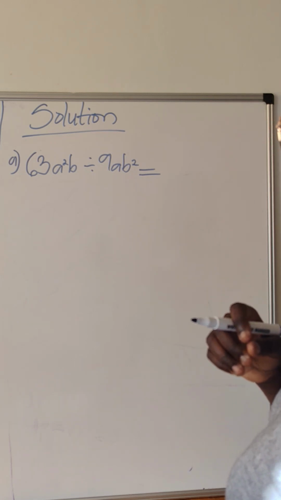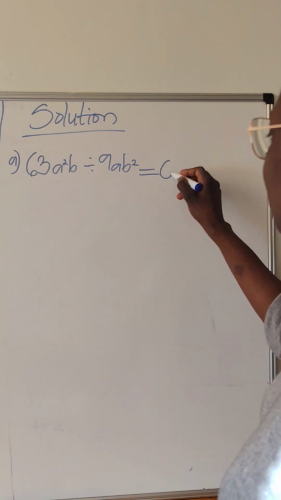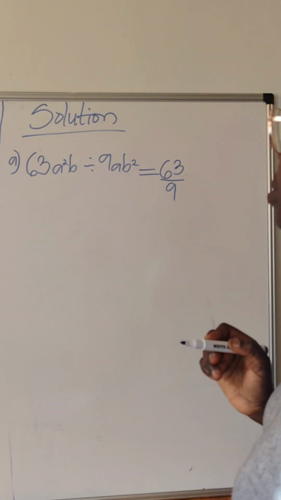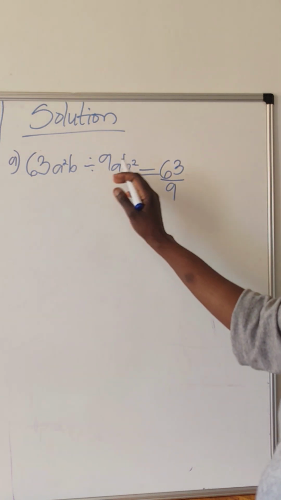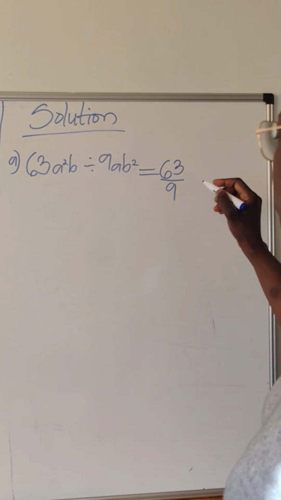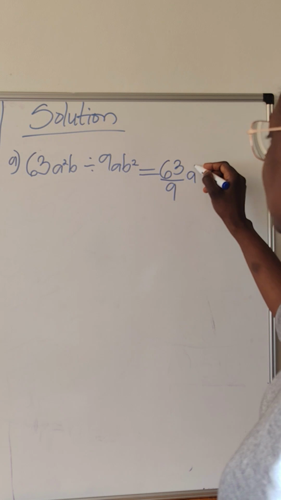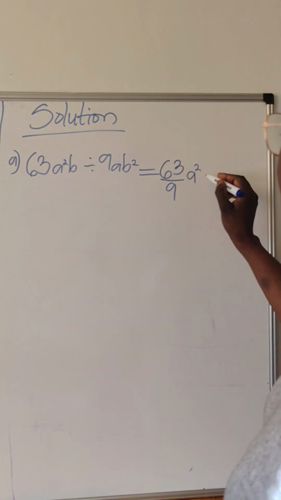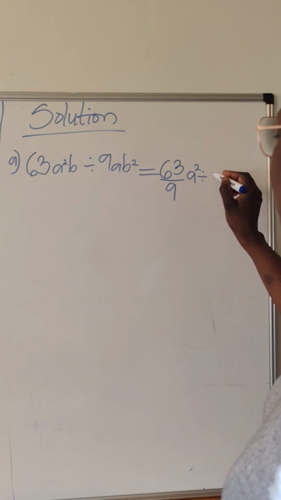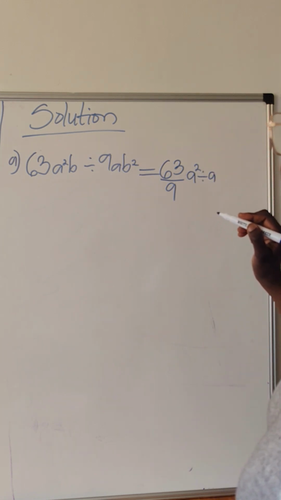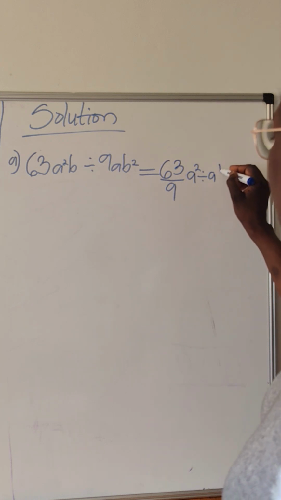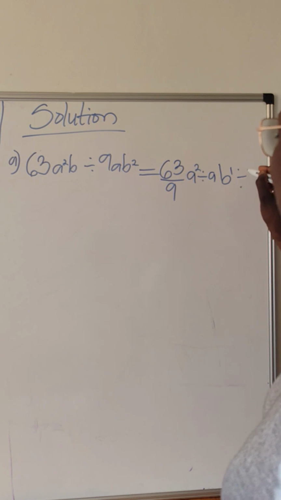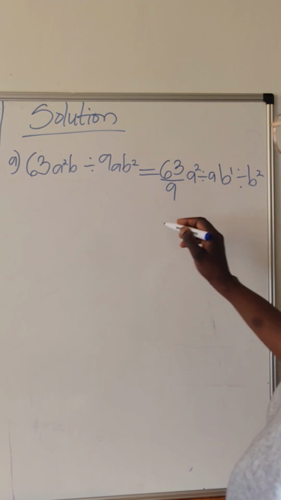So 63 will be divided by 9. And for the letters, we have a squared here and a here, a squared divided by a, and also b raised to power 1 divided by b raised to power 2.